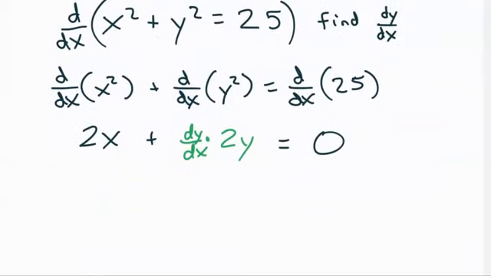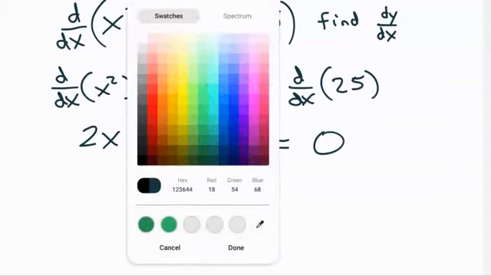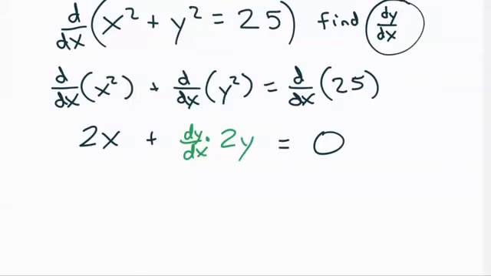And so now, since my goal was to find dy dx, all I have to do is get dy dx by itself in this equation, and I've succeeded at taking the derivative of this function, and I didn't have to rearrange the whole function first. So subtract 2x from both sides.